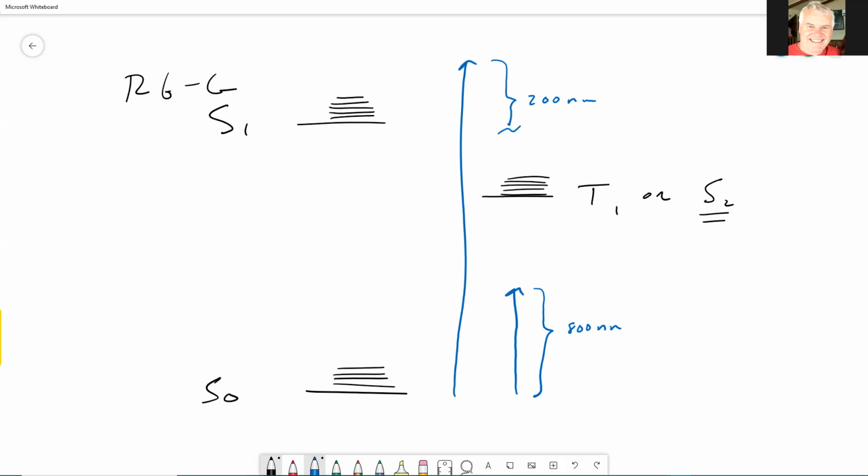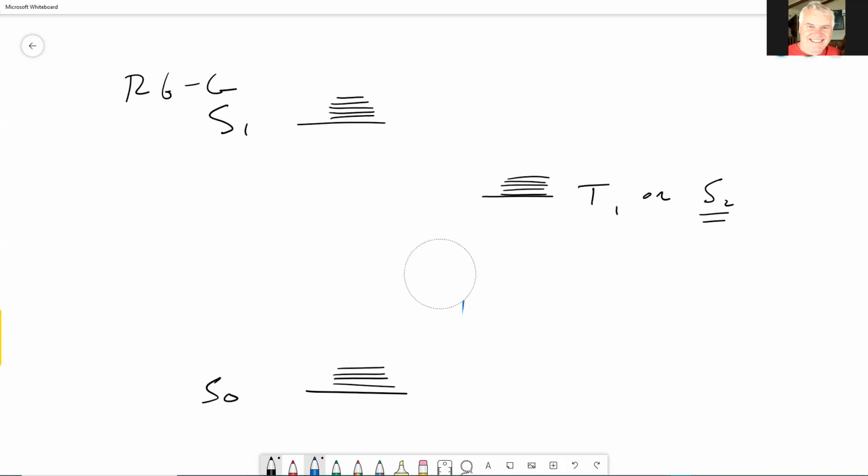And as we go through, we're going to lengthen this arrow, right? We're going to start out with 800 nanometers here, and then we're going to keep going, and going, and then we're going to start to observe a peak, right?